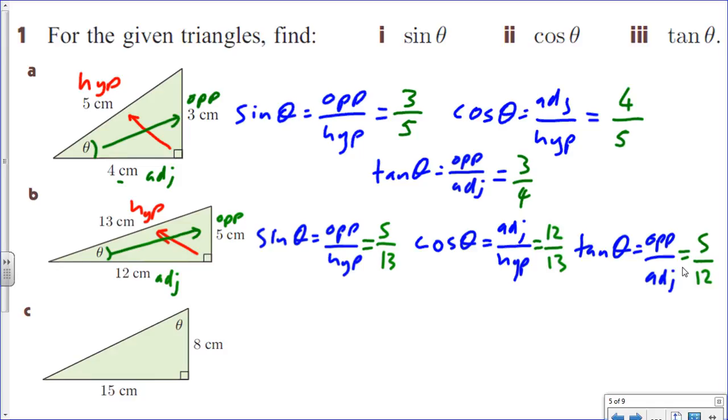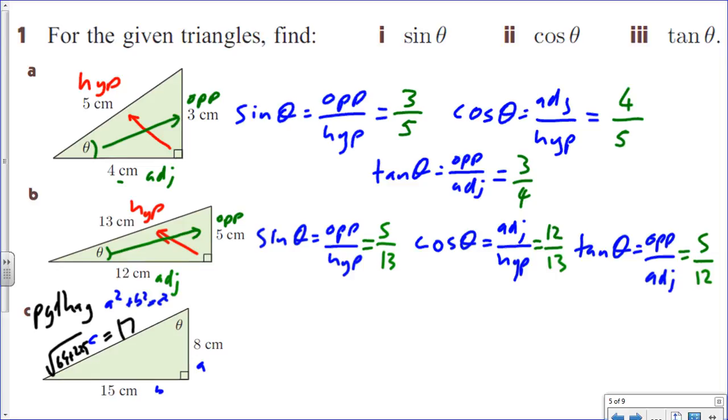Next one, we've only got two sides, but we've got a right angle triangle. So we can use Pythagoras to work out our last side. And so remember, Pythagoras is a squared plus b squared equals c squared. So that means c is going to be equal to the square root of 64 plus 225.